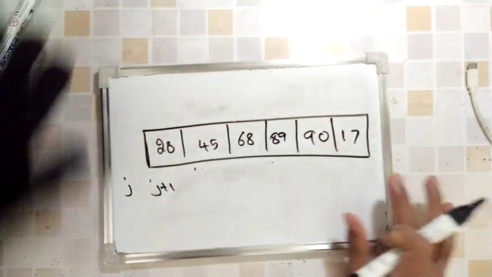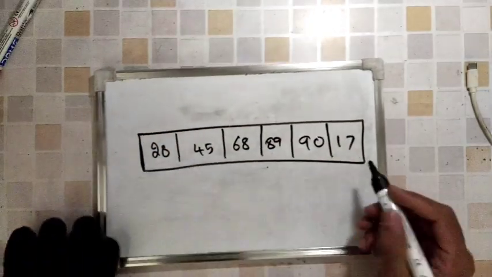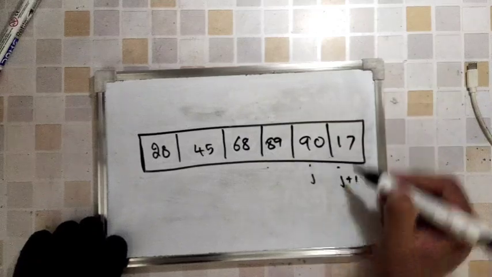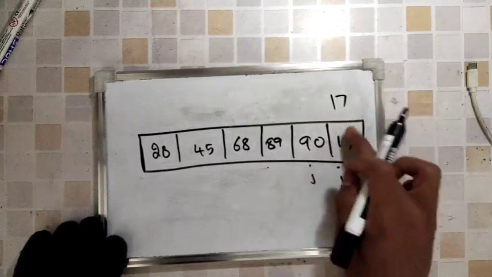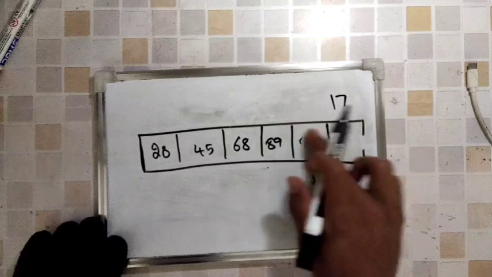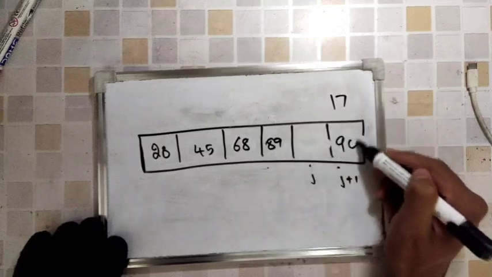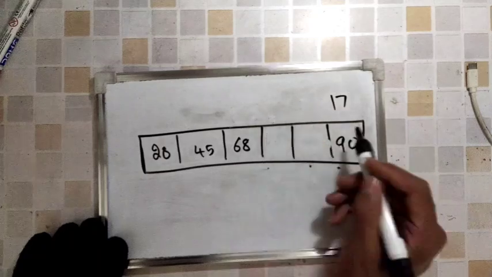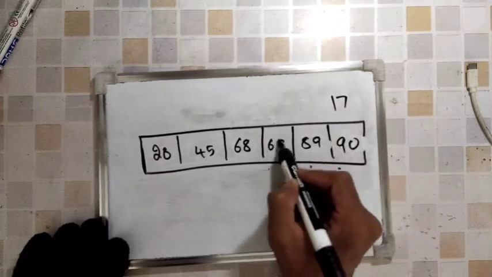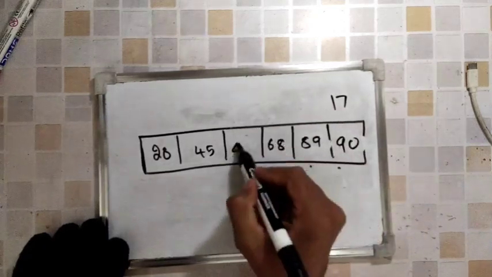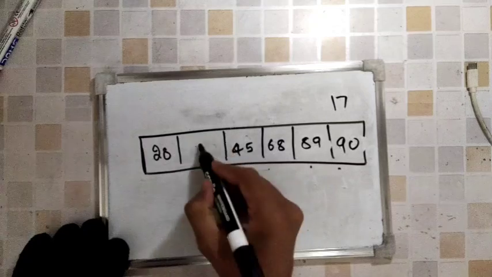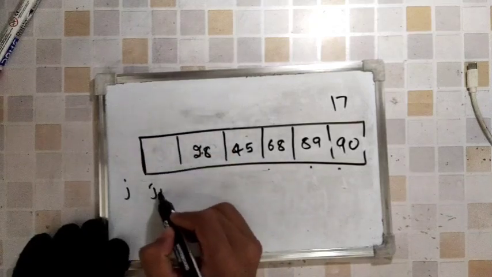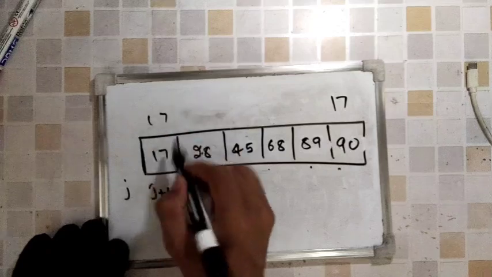Now the same way I have 17 over here, key element, j and j plus 1 are here, so 17 goes out. It checks, 90 is greater, 90 comes here. 89 is greater, goes here, 68 goes here, 45 goes here, 29 goes here, j plus 1, 17 goes here, so it will be fitted here.